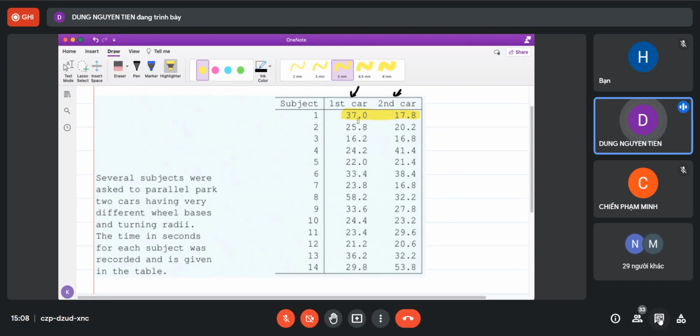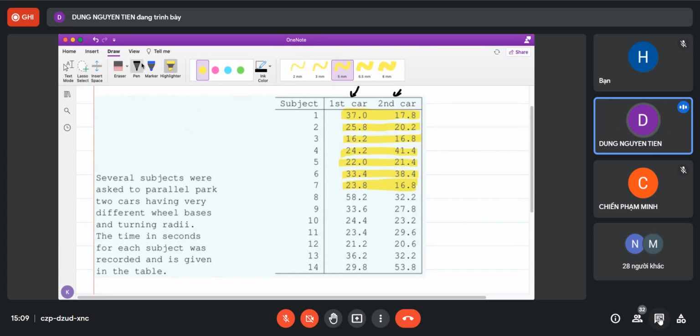So we have several pairs here, and each pair gives you the time that each person needs to park the two cars. Am I right? Okay. So in this case, we say that the two samples are dependent.